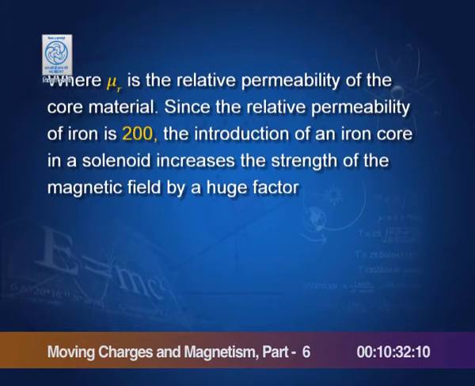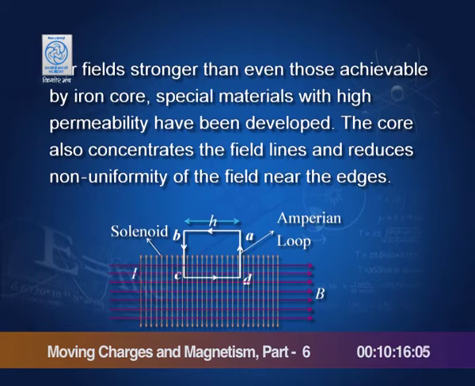So, you get this expression, and mu r, the relative permeability for iron, for example, is more than 200. So, you can see that using such a core in the solenoid, we can make the magnetic field very strong. For fields stronger than even those achievable by iron core, special materials with high permeability have been developed. The core also concentrates the field lines and reduces non-uniformity of the field near the edges.